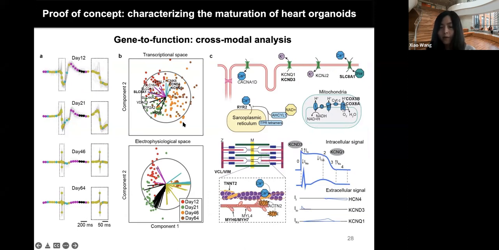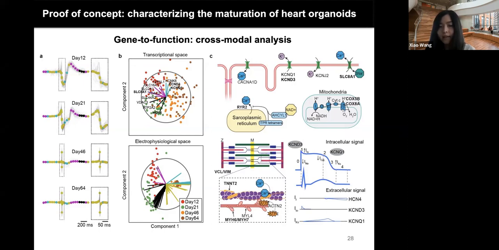Through this type of cross-model analysis, we can better register genes involved in different pathways with their corresponding electrophysiological features, such as different ion channels and different organization of the cytoskeleton that will undergo drastic change during the maturation of the heart organoids.